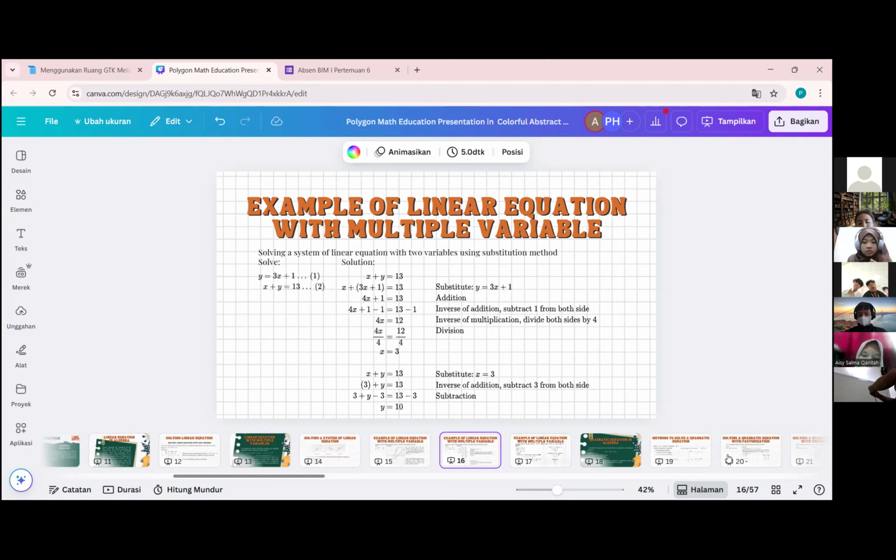Logical mathematics. Yang minggu lalu belum dimasukin nih. Ayo, deadline-nya kan minggu ini. Algebraic properties grup 3. Mana grup 3? Halo, halo. Fadia, Aulia, Haudi, Bintang.